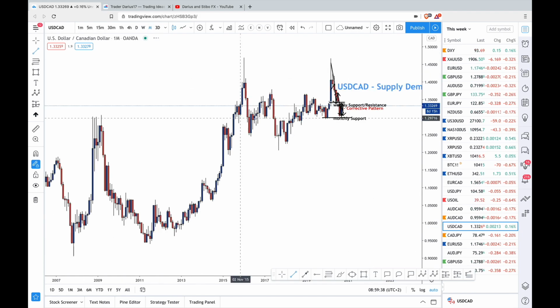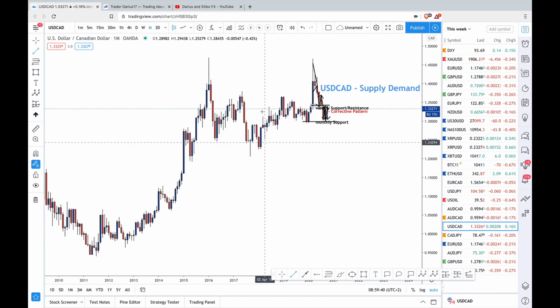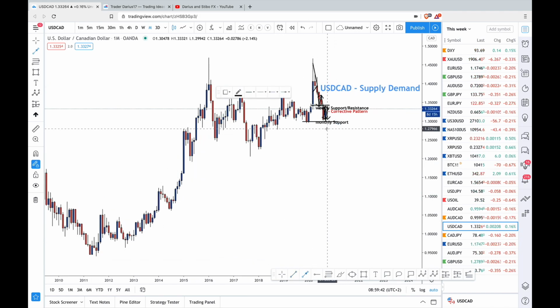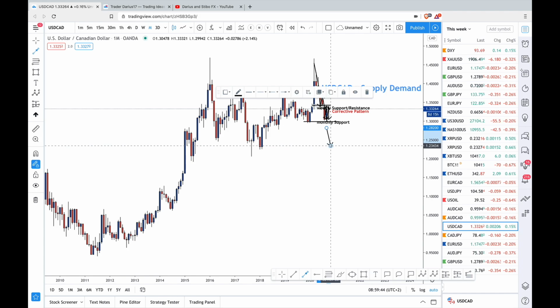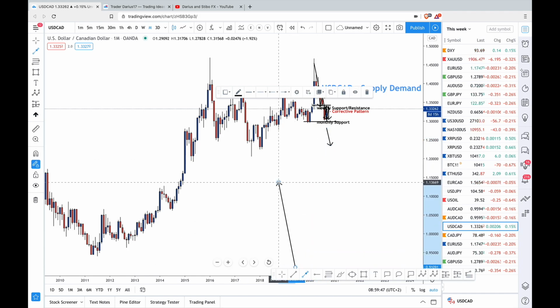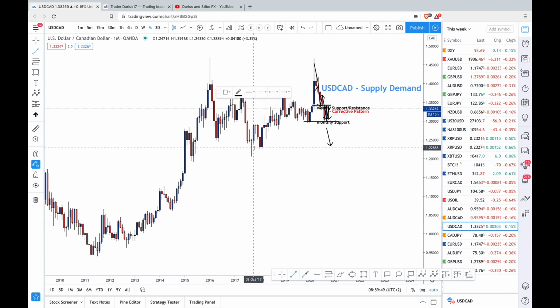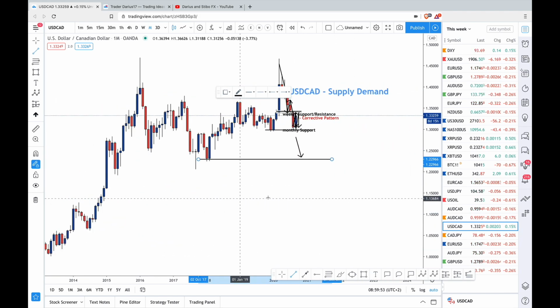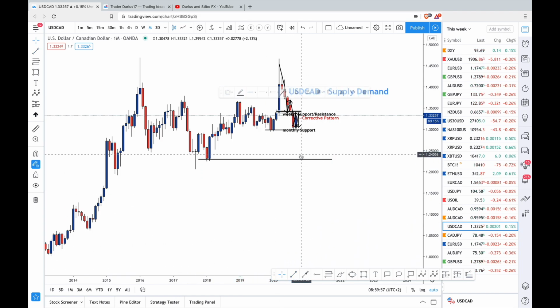So I actually expect to break this monthly support, and that we're going to move even lower. Okay, so this will be a nice target over here, and then I'm going to make a new update, of course, but just for you to understand what my idea on USDCAD is actually.